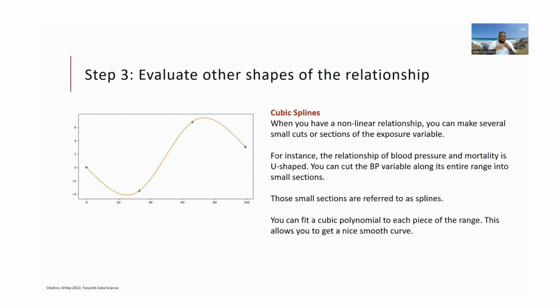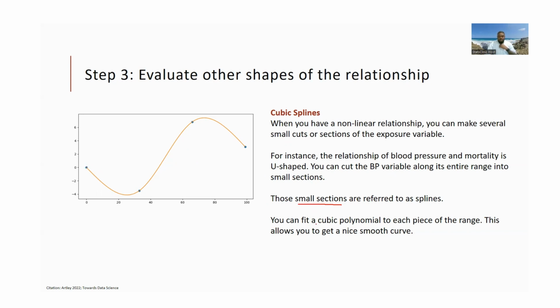Splines are really great for examining nonlinear relationships. Splines are basically small sections. Assume that you have a long graph, but you cut it into small pieces, and each piece of that graph is almost, not exactly, like a straight line.